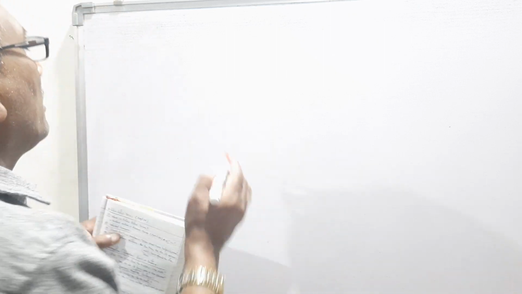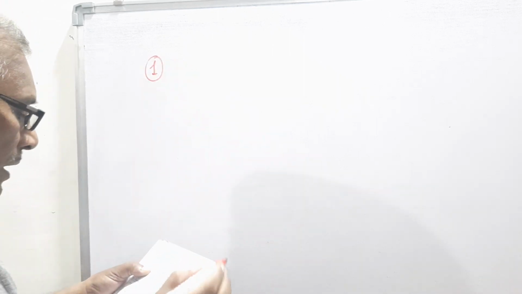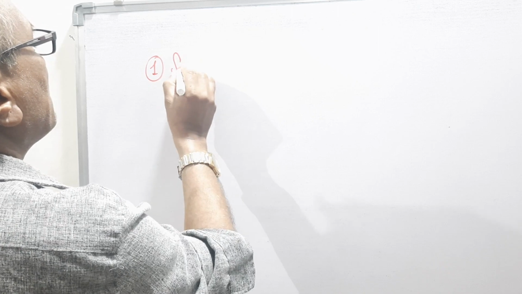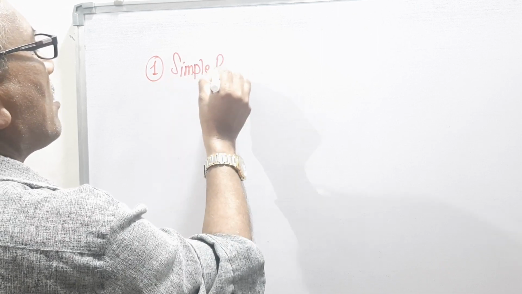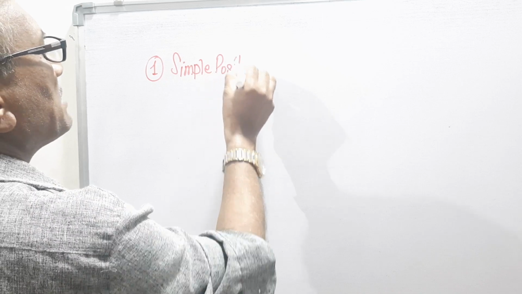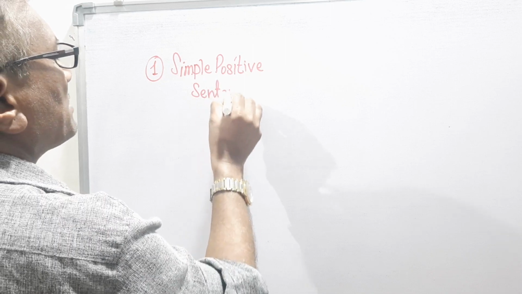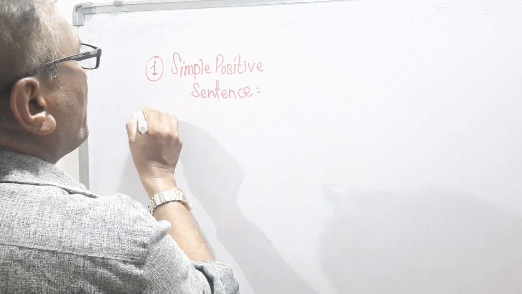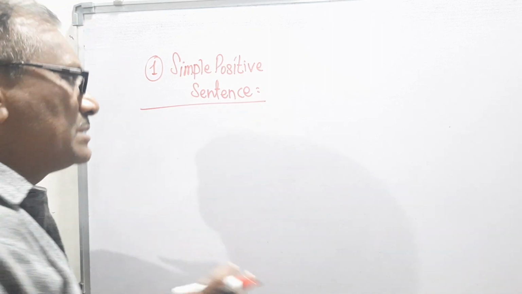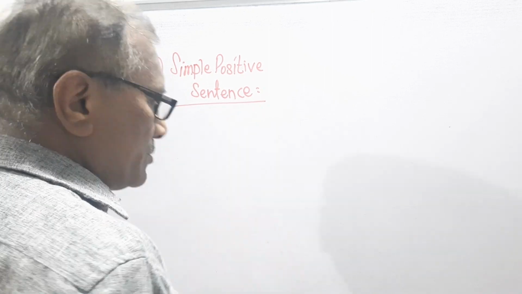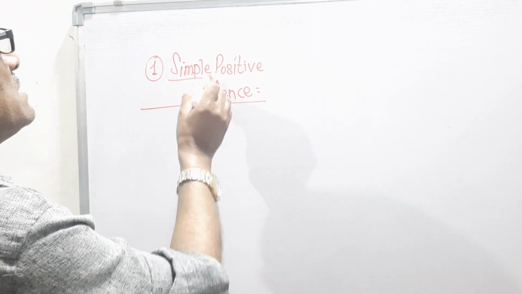So remember here, now I will discuss the simple positive sentence. Remember, we are discussing the simple positive sentence, means this sentence is not negative, it is positive, means every sense is positive, and that is the simple.